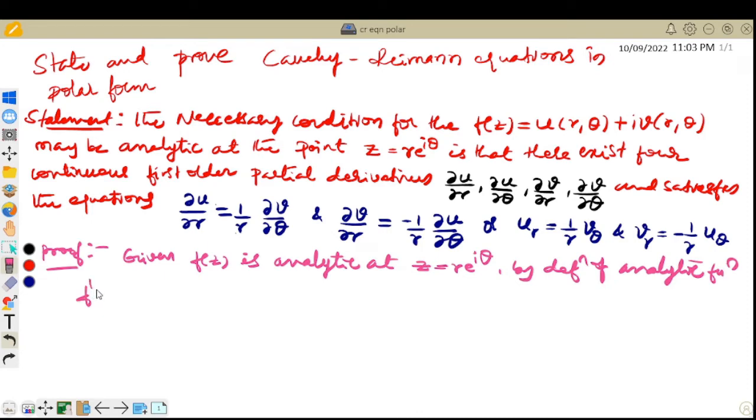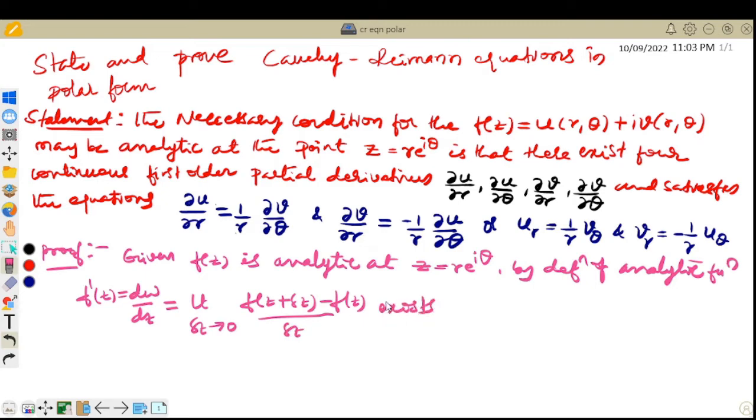f dash of z, or you can also write dw by dz, is equal to the limit as delta z tends to 0 of f(z plus delta z) minus f(z) divided by delta z.